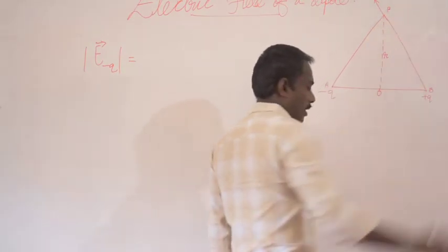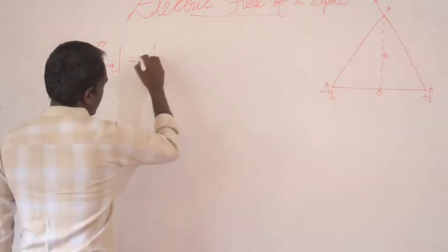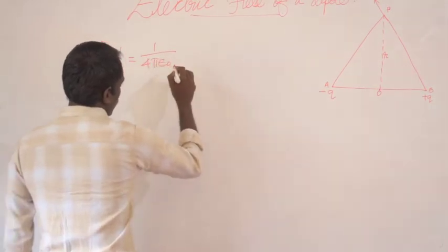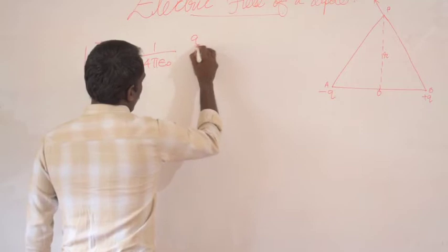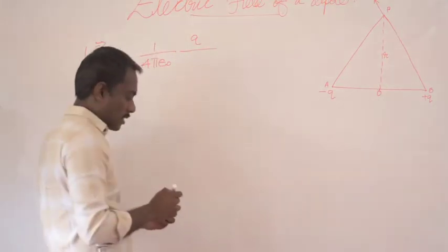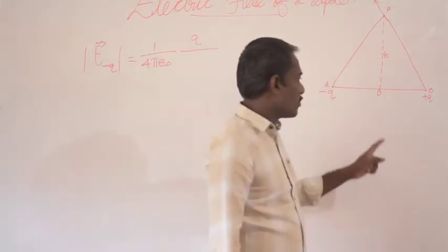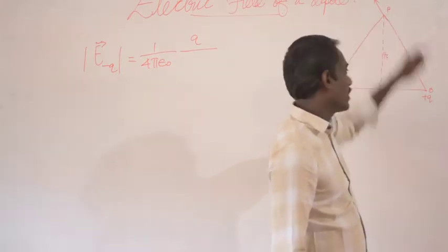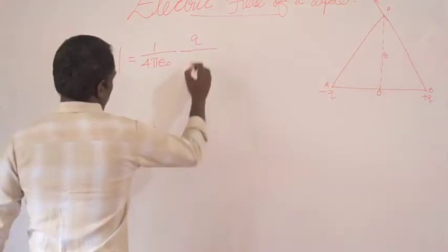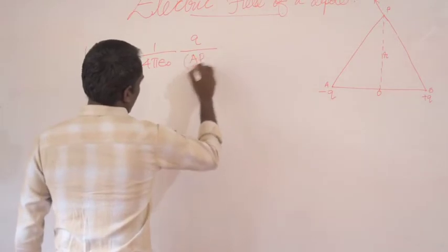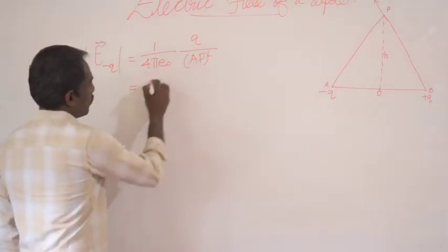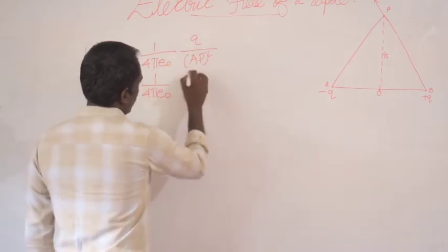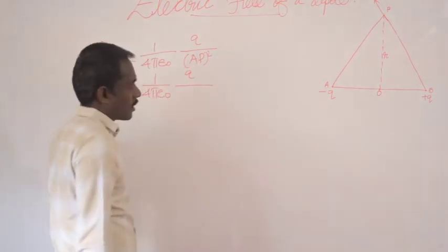As per Coulomb's law, it is 1 by 4 pi epsilon 0 into Q divided by the distance between them. The distance from the negative charge to the point P is AP. So it equals 1 by 4 pi epsilon 0 into Q divided by AP square.